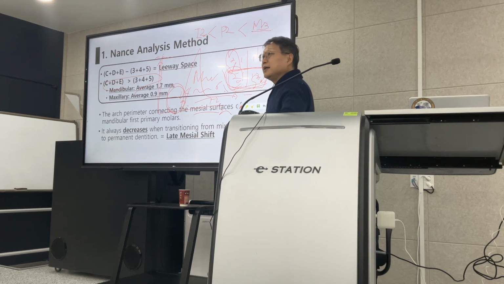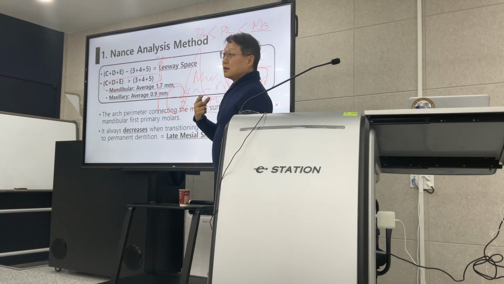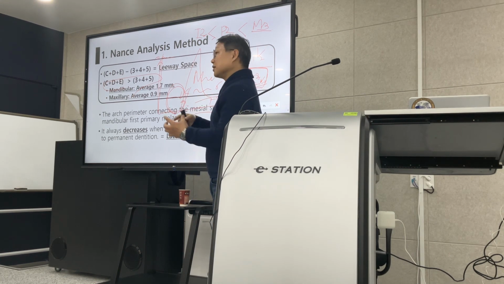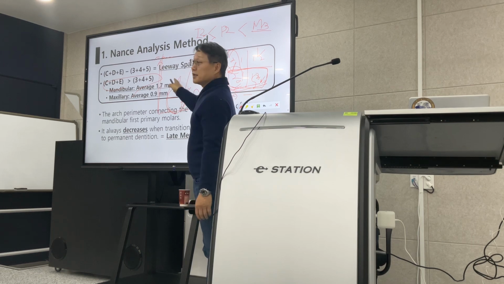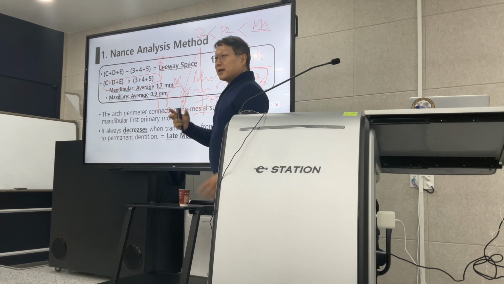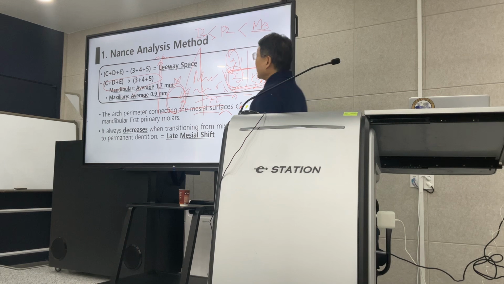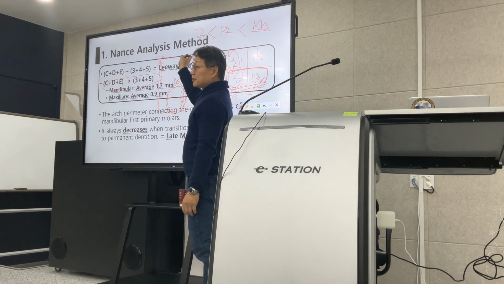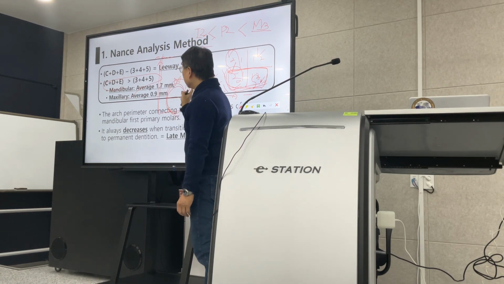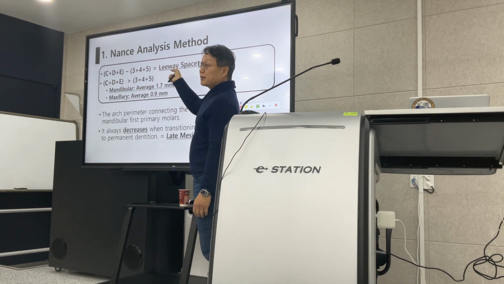That's why mixed dentition space analysis is needed. If we think that too much space may be needed in the future, we have to do something here. And before the maxillary growth closes, we can do something, maxillary expansion or whatever. That's why we need mixed dentition analysis here. So in that case, this kind of concept is very important.